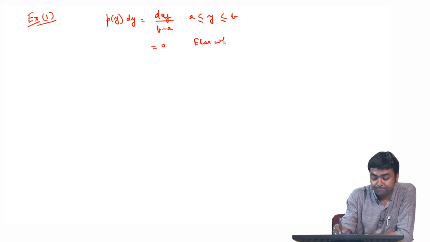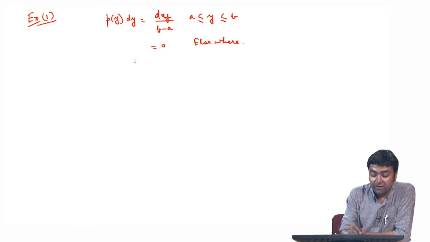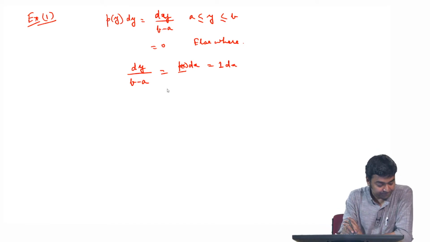So, again we use the conservation of probability: dy/(b-a) = p(x) dx. Now, my p(x) is my uniform distribution. So, this is dx, and then we do the integral.